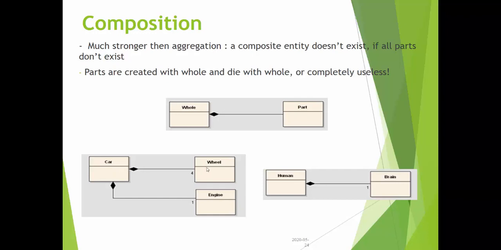For example, a car has 4 wheels and a car has an engine, just one. A human has a brain, and only one brain. So basically, these parts don't really exist without the container, which makes sense to understand that composition is much stronger than aggregation.